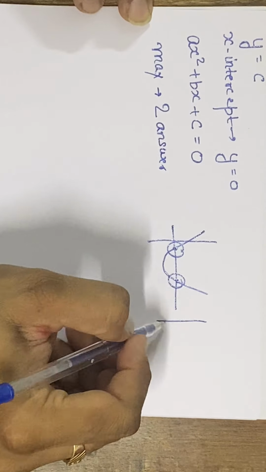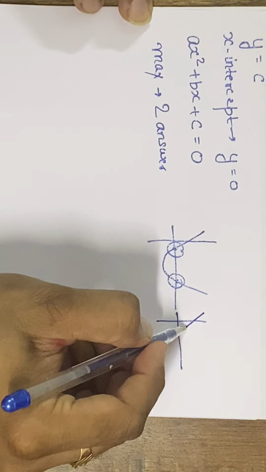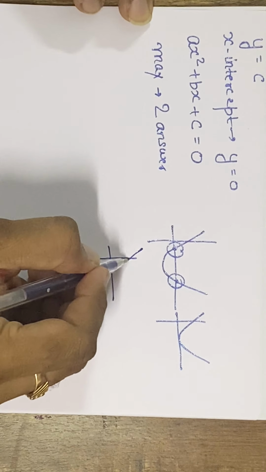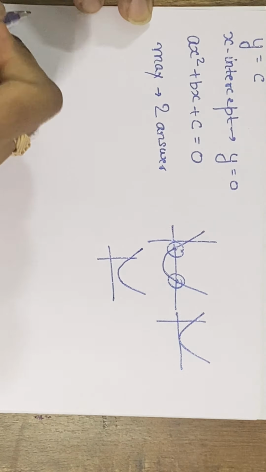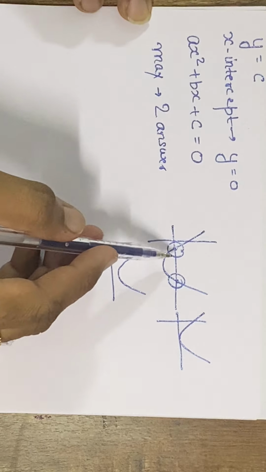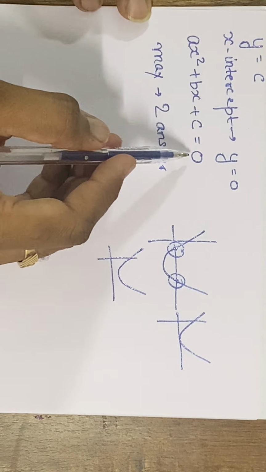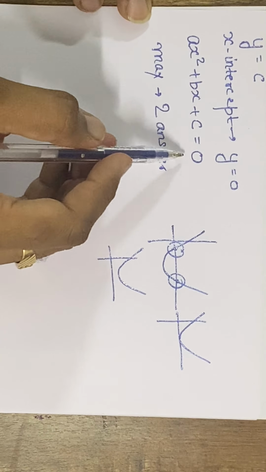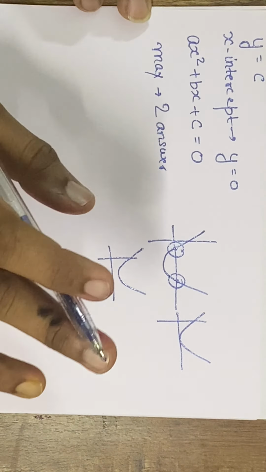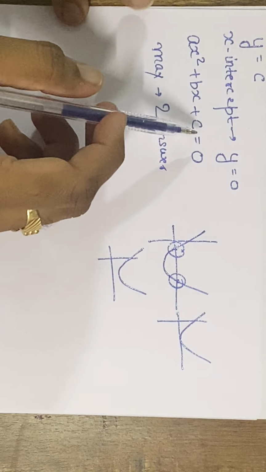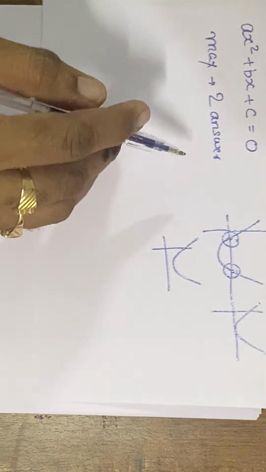If we get 1 answer, it means it will just touch the x-axis and bounce back. And if we get 0 answers, it means it will not touch the x-axis. But the maximum number of values of x we can get by solving this equation with y equal to 0 is 2 answers. That's the maximum, and the minimum is 0. Now we can solve this by 3 methods. What are they?